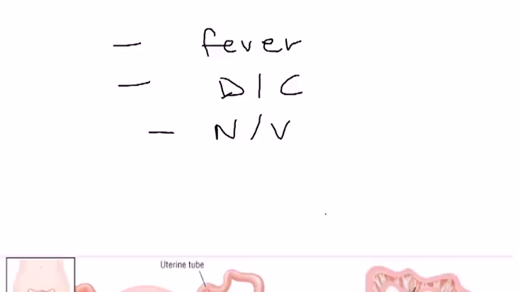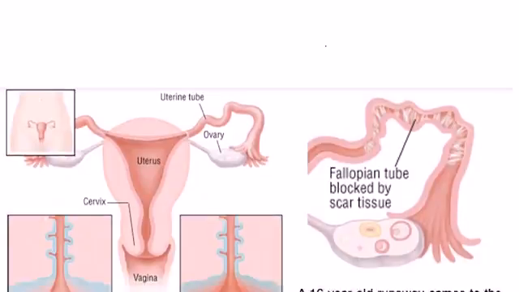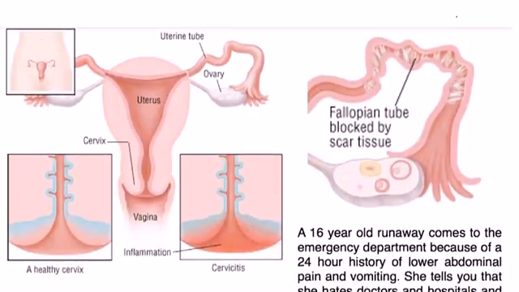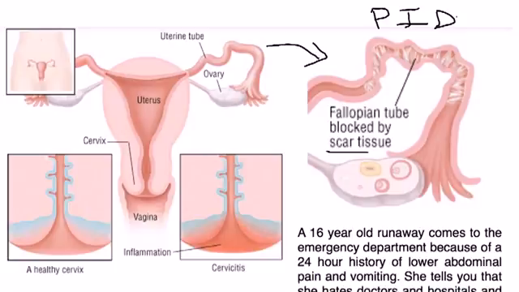One important thing I'd like to mention before I move on to the diagnosis is that when a woman does have PID, this sometimes can lead to scarring inside this fallopian tube. So what they've done is they've blown this up here, enlarged it, and showed that scarring. And that scar tissue can eventually build up in that fallopian tube, and that can lead to ectopic pregnancies.